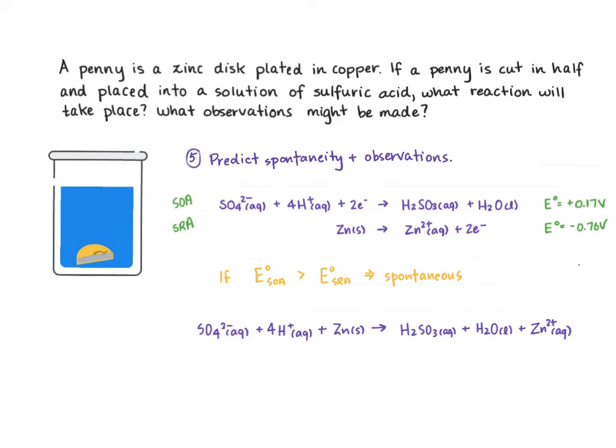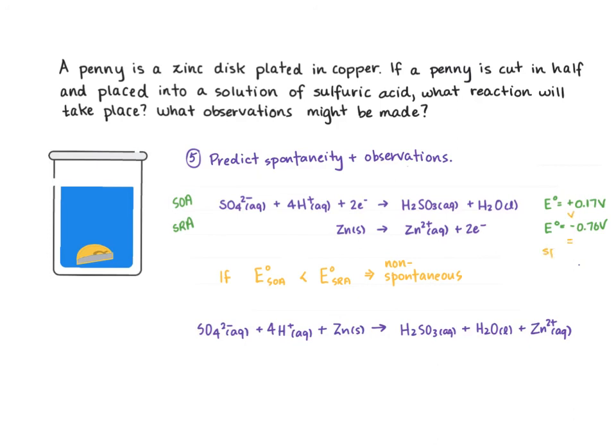However, if our SOA E naught is less than our SRA E naught, this reaction is non-spontaneous.